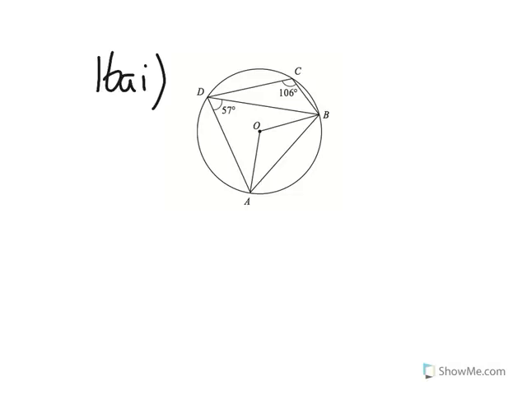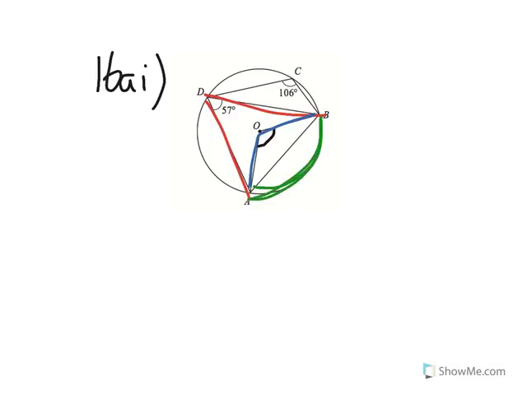So in the first question, 16a1, they're asking you to calculate the size of angle AOB, which is that angle over there. Now, if you notice, there's one triangle here, and there's one triangle here. And as you can see, they're both in the same arc.